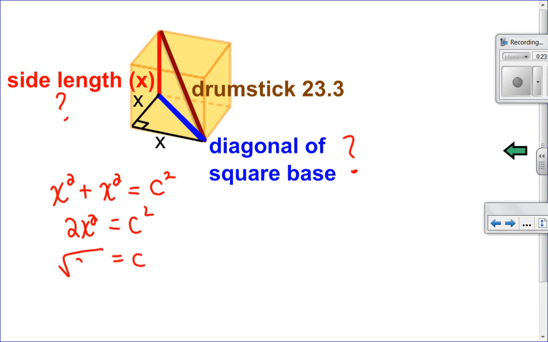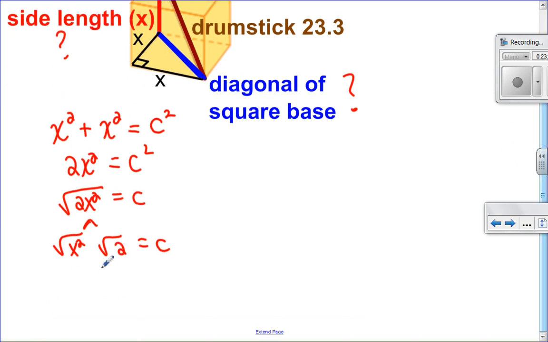So it'll be the root of 2x squared. Let's simplify this down into perfect and non-perfect factors. x squared is a perfect factor, but 2 is not. So I'm left with the square root of 2 times the square root of x squared, which is x. And that is the diagonal expression.